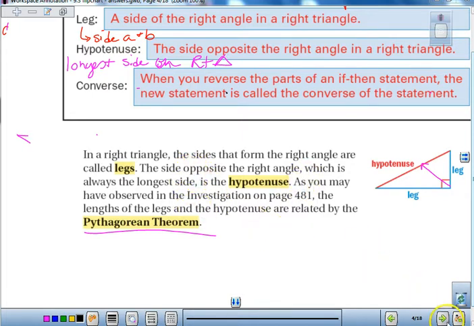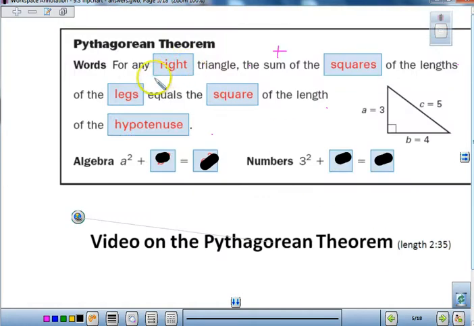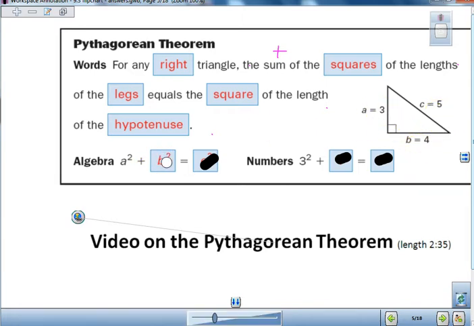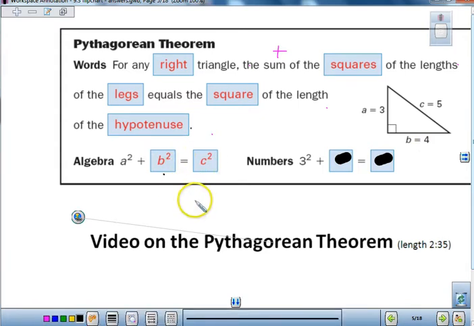So we're going to be looking at our Pythagorean theorem, and the theorem says that for any right triangle, the sum of the squares of the legs equals the square of the length of the hypotenuse. If you have a right triangle with sides A, B, and C of 3, 4, and 5, you're going to find that A squared plus B squared is equal to C squared.